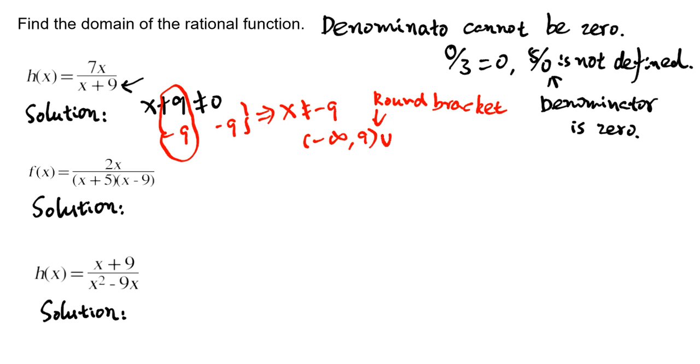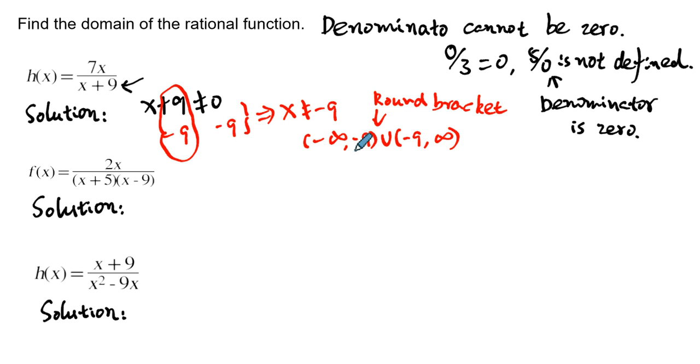And then union negative 9 to infinity. Okay, that's it. Let me erase this part and write it better. Negative 9.